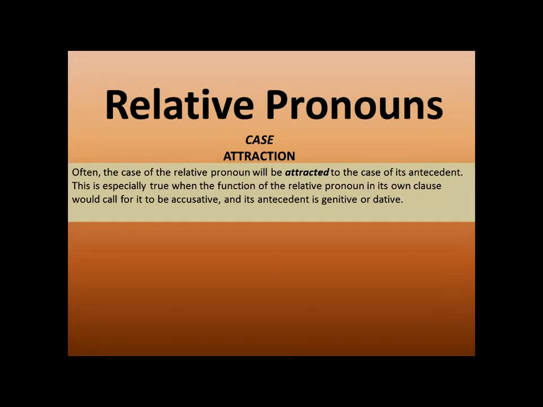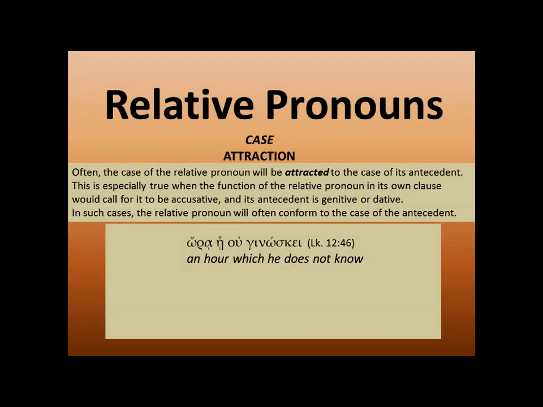That is, it would be the object of the verb in its own clause. And its antecedent is genitive or dative. When you have these circumstances, a genitive or dative antecedent, and a relative clause in which the relative pronoun would be the object of the verb, it is very typically the case that the case of the relative pronoun is attracted to the case of the antecedent. That is, it will become the same in case as the antecedent. In such cases, the relative pronoun will often conform to the case of the antecedent.